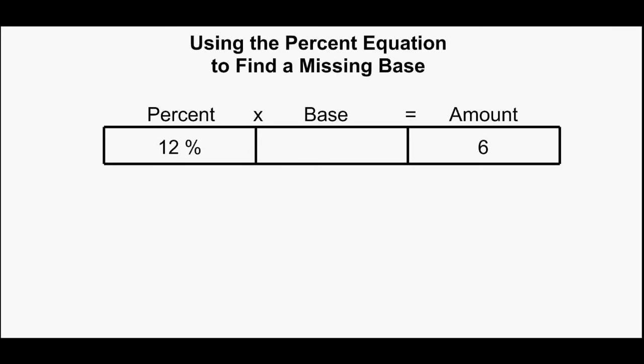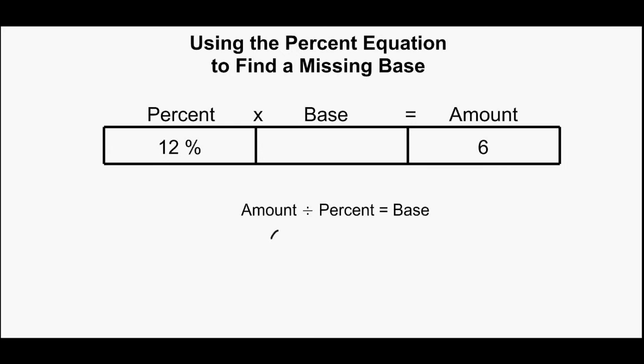Remember, we can multiply the percent times the base to get the amount. But if a factor is missing, then we need to use division to find the missing factor. Here, the missing base. Take the amount, divide it by the percent. It will equal the base.